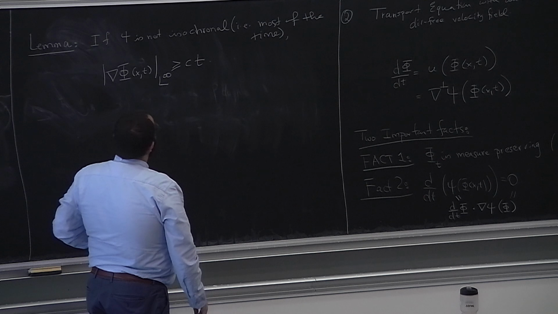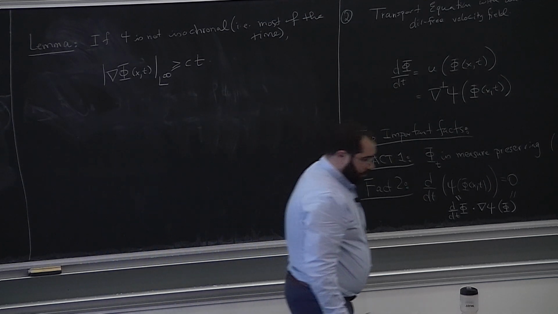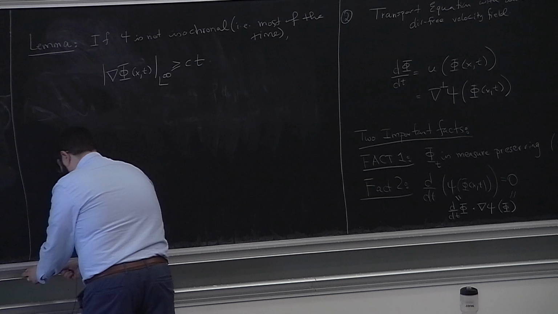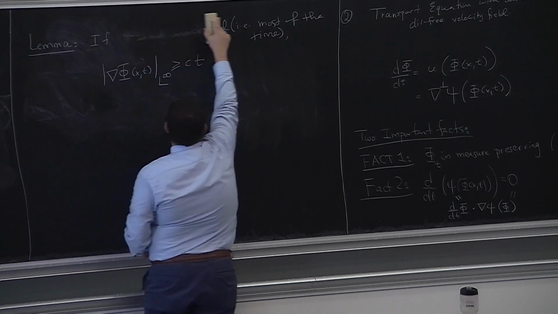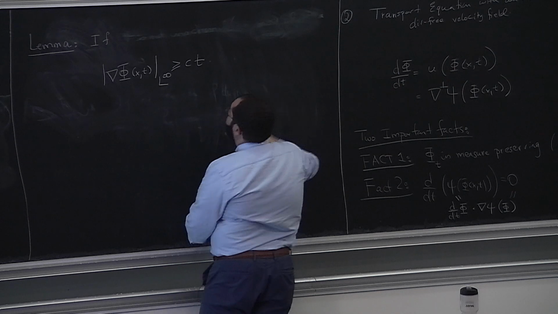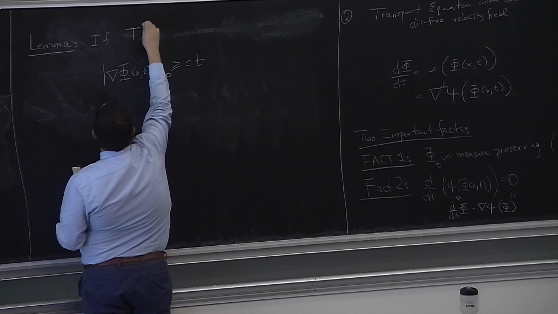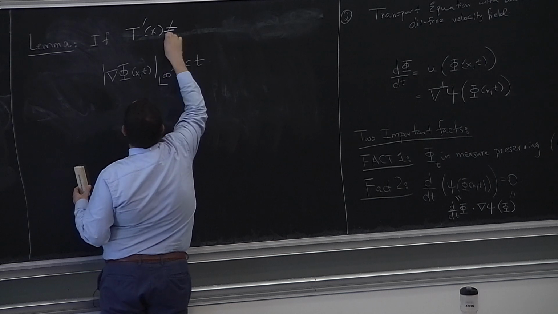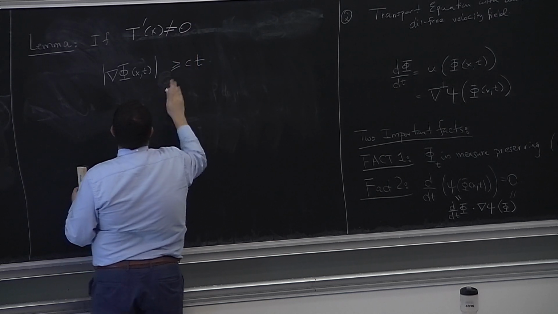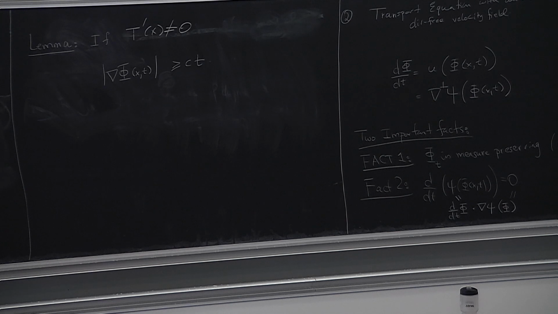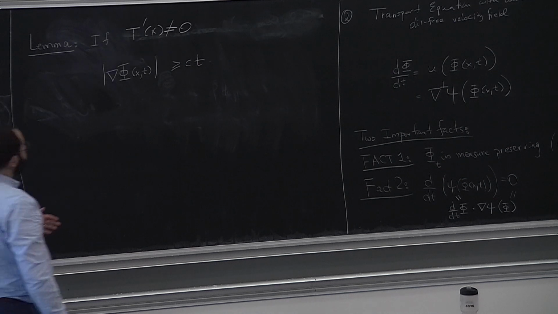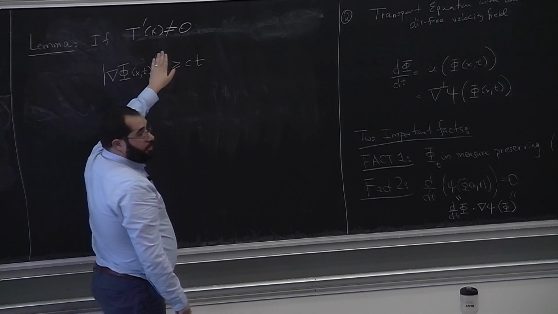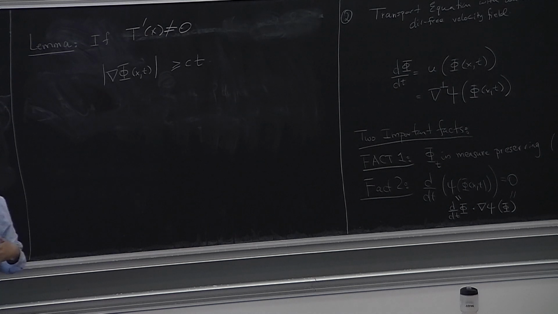Actually, let me make a more precise, more useful statement. If T prime of x is not 0, then this is true. If x is a regular point, and the derivative of the period at the point is not 0, then the gradient of the flow grows linearly.